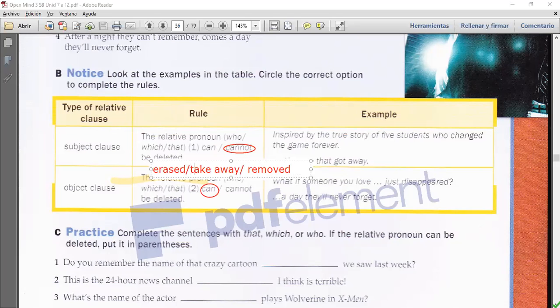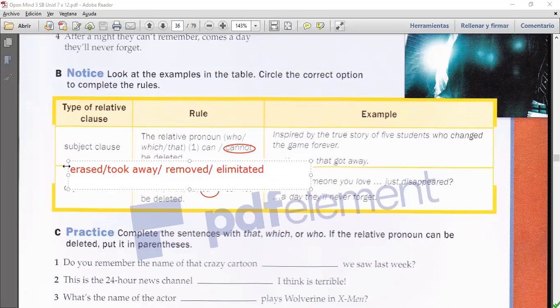In this case, as it's deleted, it's in the past. Took away. Removed. Eliminated. You look at a lot of synonyms for deleted. Yeah?